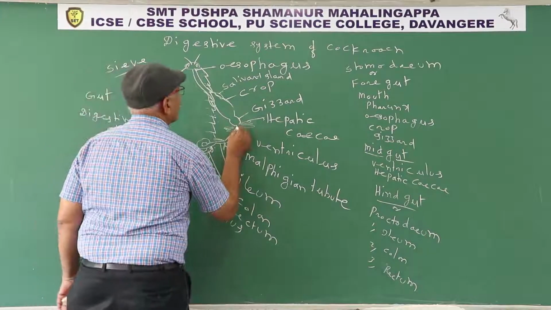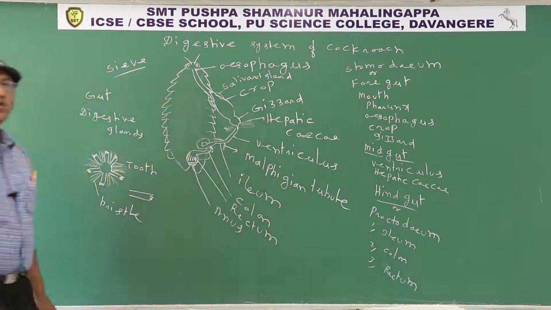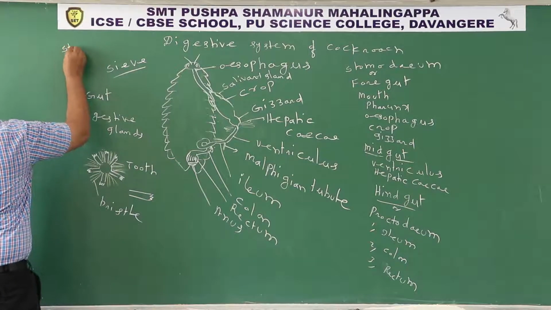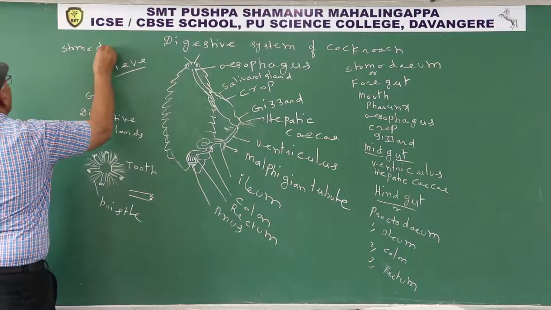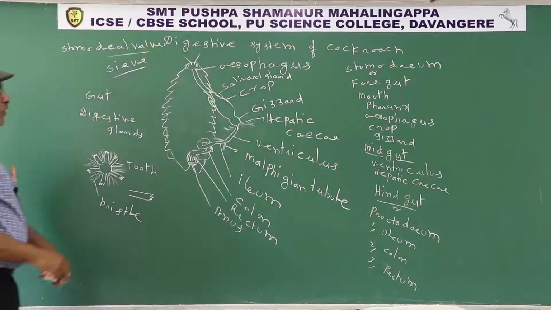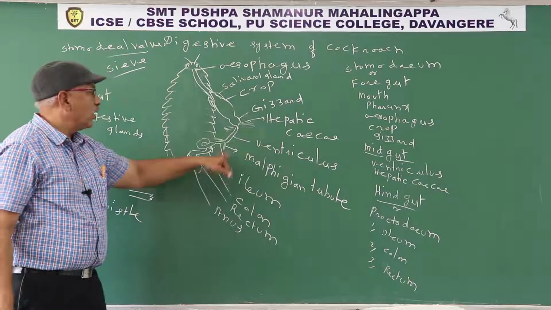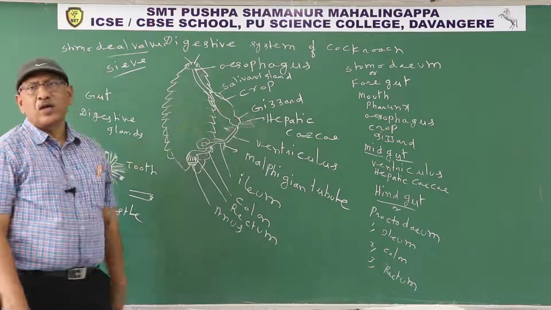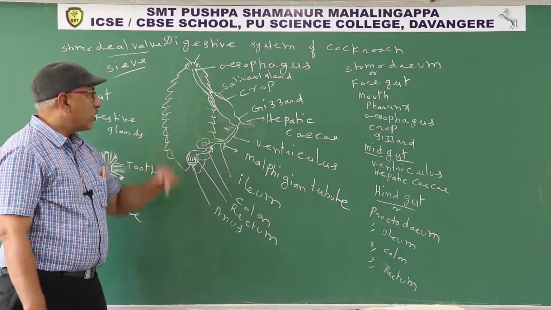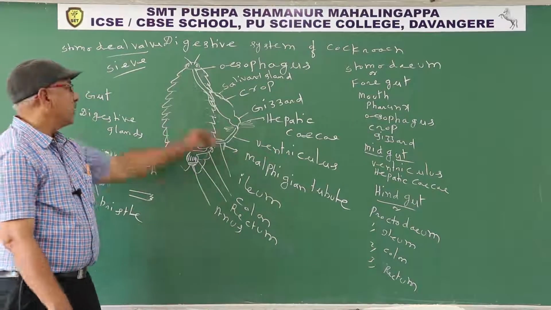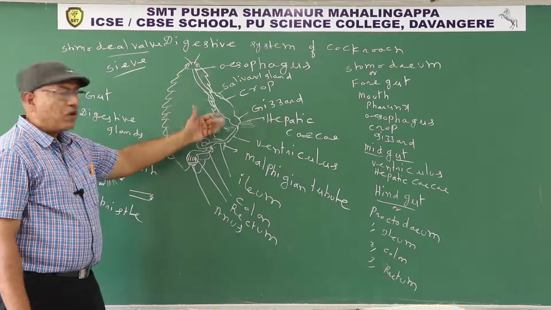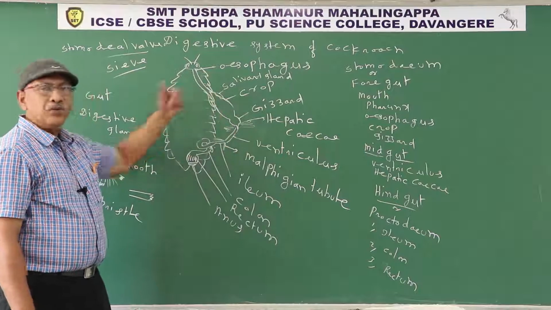The posterior part of the gizzard continues as the stomodial wall. This wall prevents the backward flow of food from the midgut into the foregut.